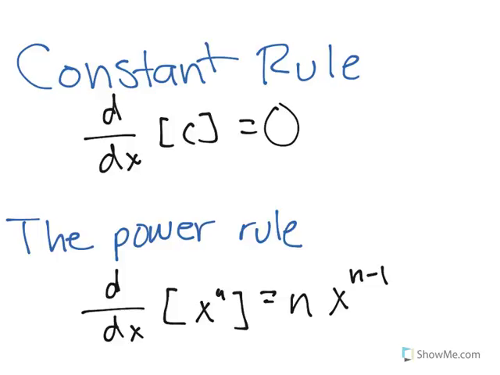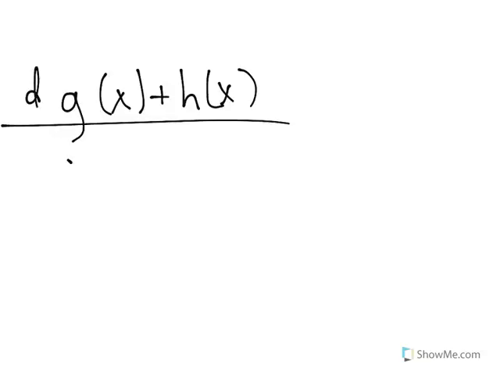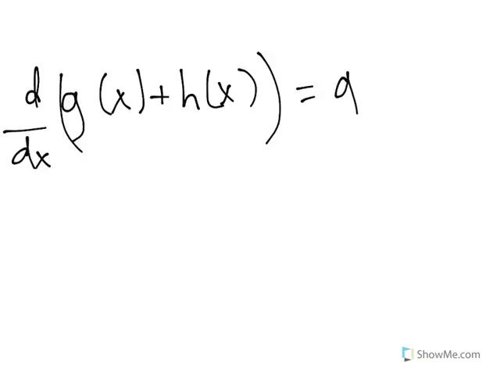However, this becomes very useful because, as I already mentioned in one of the previous videos, when you have g of x plus h of x, and you want to find the derivative of that with respect to x, that is just g prime of x plus h prime of x.